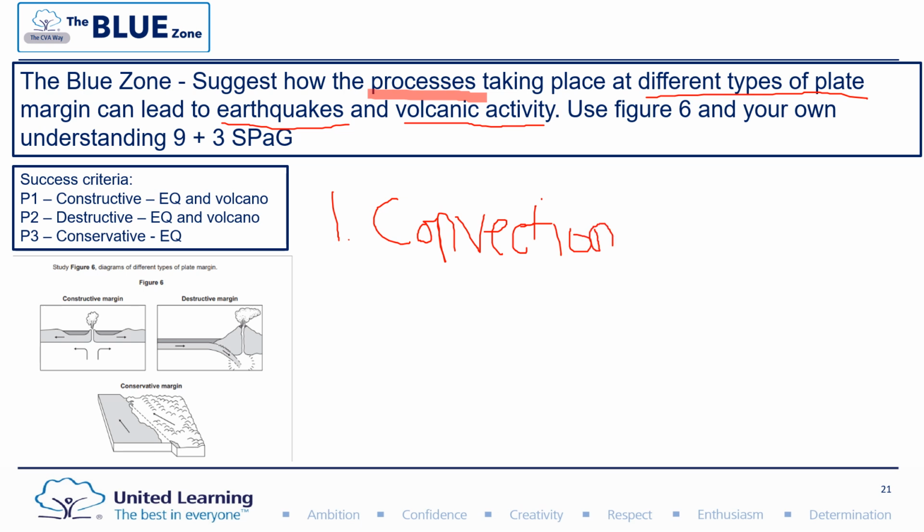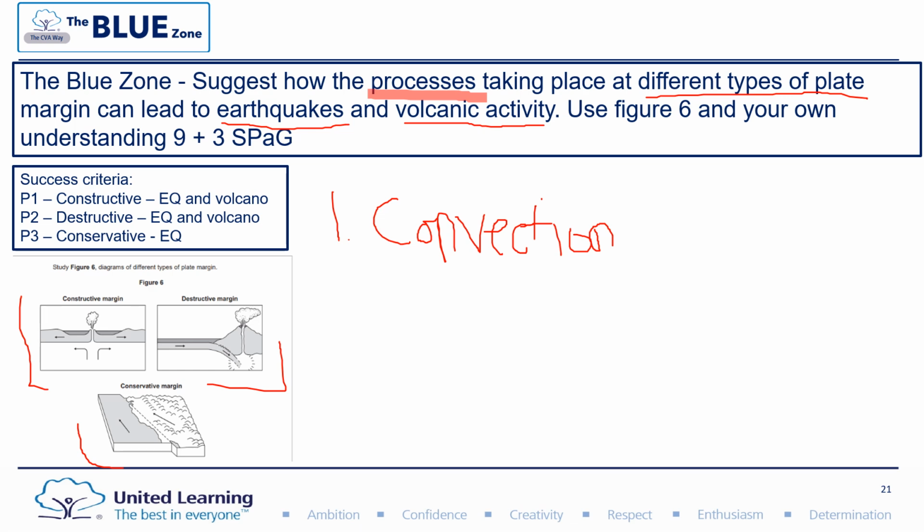I'm not going to write any more because that is really difficult. So think of the question as a list. You're going to start with convection currents move the plate and then just explain what is happening at each tectonic plate margin and how that leads to earthquakes. If you'd like to pause the video here, I'll give you time to complete the question. Please use your notes if you are stuck.